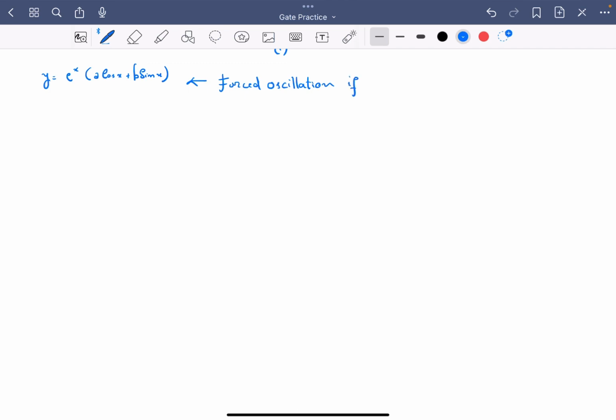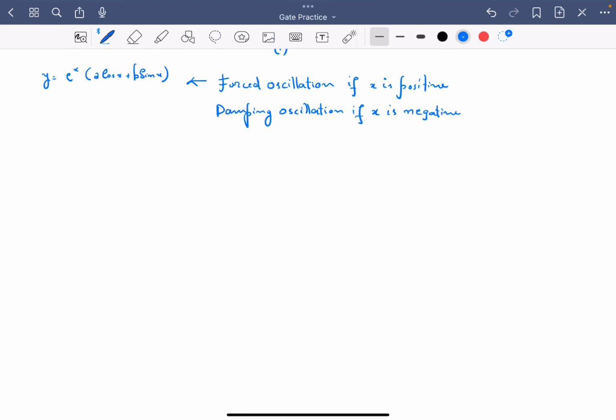If x is negative, if x is positive, damping oscillation. If x is negative. However, this knowledge is not necessary to find the differential equation for this equation.